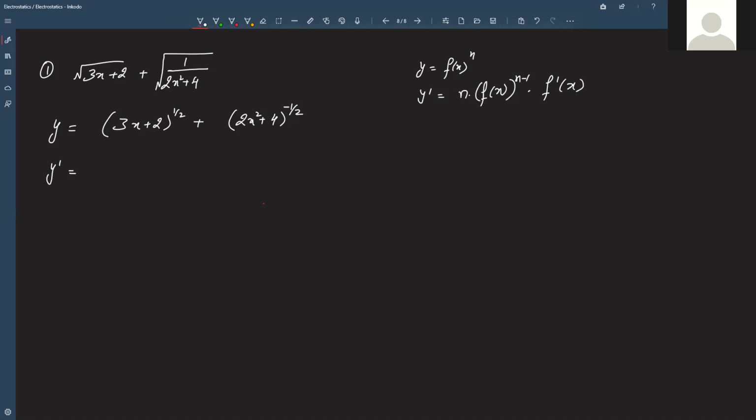So this will be half into 3x plus 2 whole to the power half minus 1 into differentiation of 3x plus 2, that is 3. That is the first half, and the second half, minus half into 2x square plus 4 to the power minus half minus 1 into differentiation of 2x square plus 4, that is 4x.